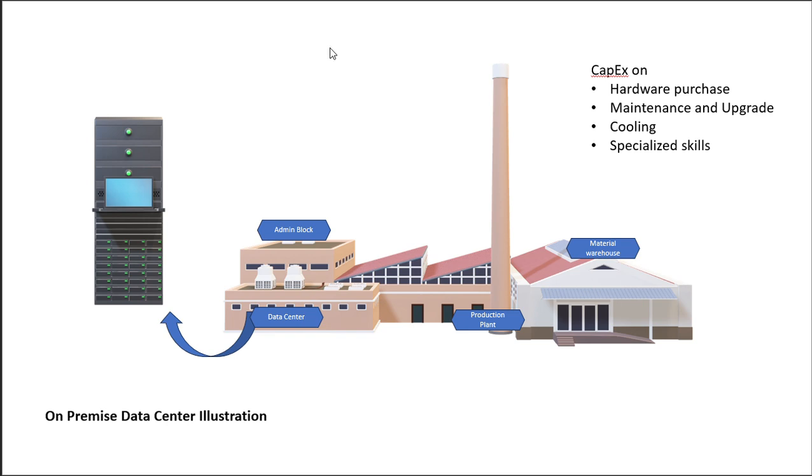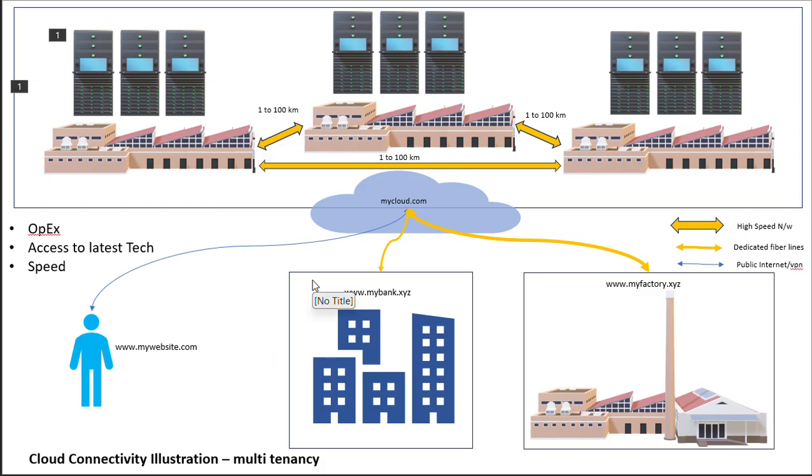So let's see how cloud is different from the on-premise data centers, right? Now, we saw in the previous slide that the data center was hosted on the premises of myfactory.xyz. Now, we can see that mycloud.com, which is a cloud provider company, has larger facilities.